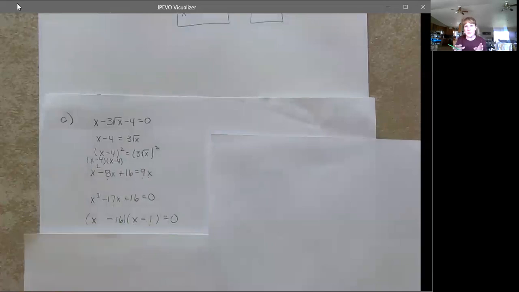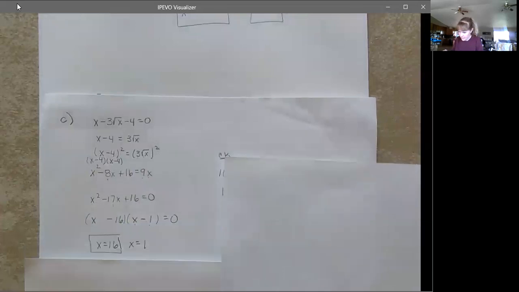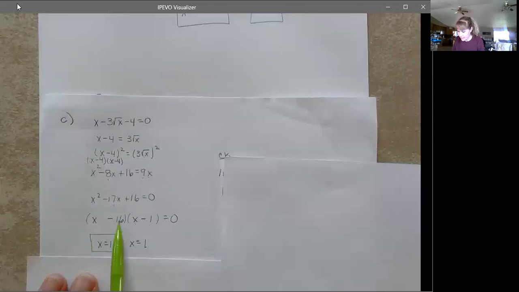So again, a lot of times we just want to use 8 and 2 or 4 and 4 for the 16. Don't forget about the 16 times 1. Using the zero product property, we have x minus 16, okay? So we have positive 16, and we ended up with x equaling 1.